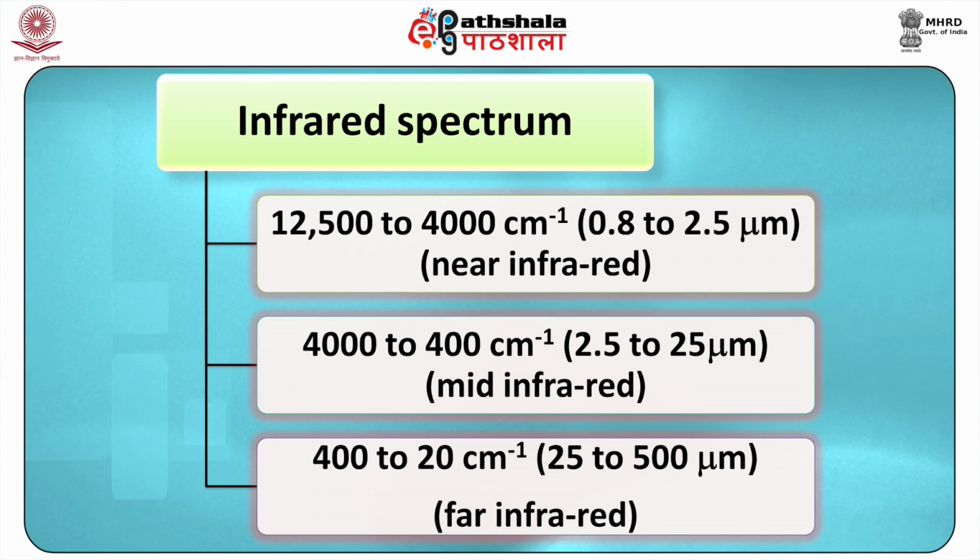The infrared spectrum is usually divided into three regions: 12,500 to 4,000 centimeter inverse, that is 0.8 to 2.5 micrometers, near infrared; 4,000 to 400 centimeter inverse, that is 2.5 to 25 micrometers, mid infrared; and 400 to 20 centimeter inverse, that is 25 to 500 micrometers, far infrared.